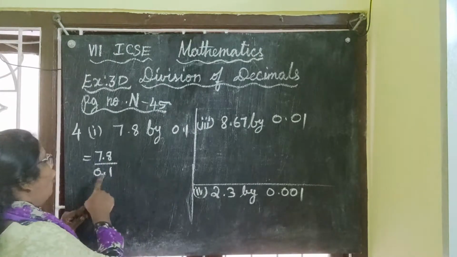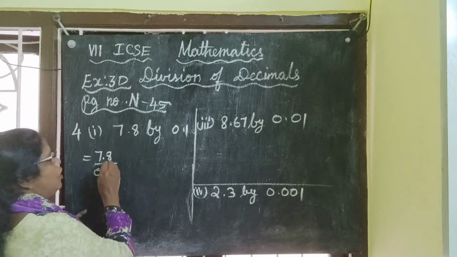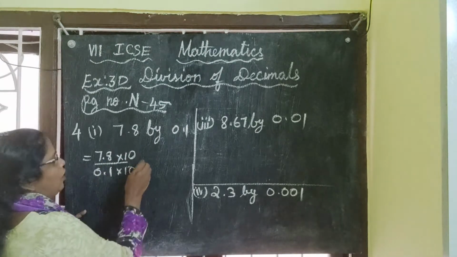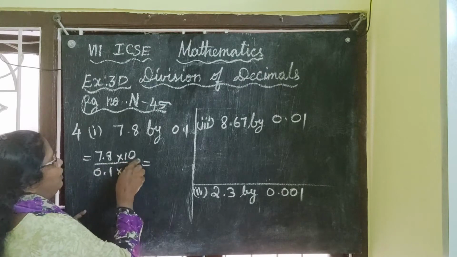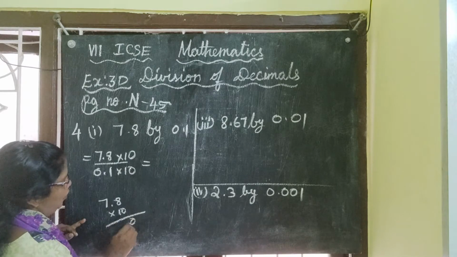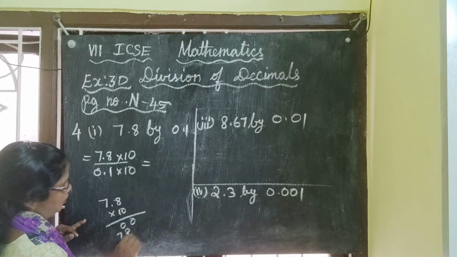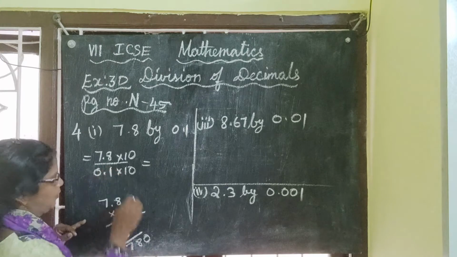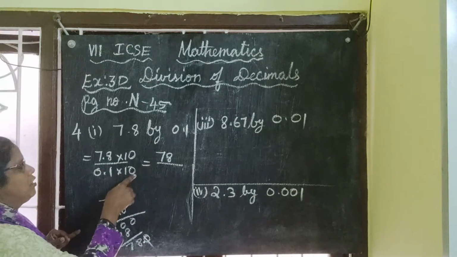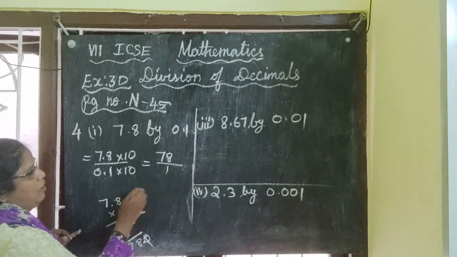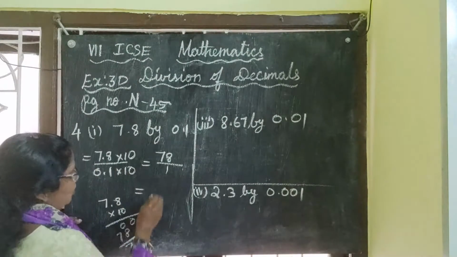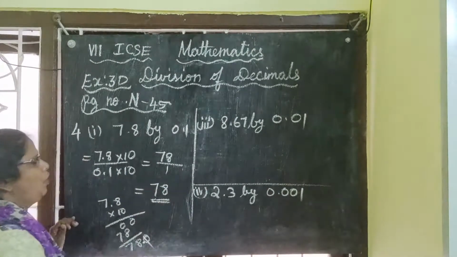Denominator you check. How many decimals you have? 1 decimal. So multiply up and down by 10 because I am having 1 decimal. Now it will be what? 7.8 into 10 means 780, and 1 decimal you have to keep, so 78. 78 divided by 1 is 78.